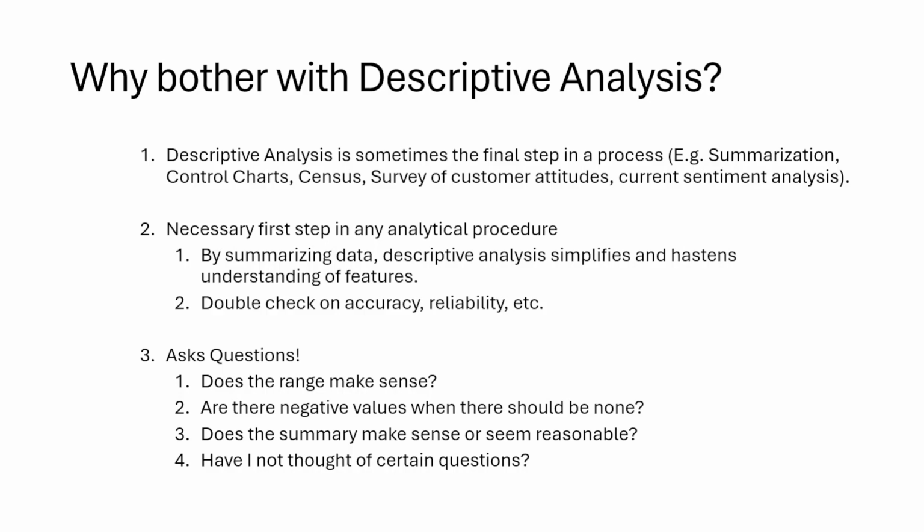Does the range of data make sense? Are there negative values where there shouldn't be any? For example, in the previous slides, when I was showing systolic blood pressure, if we saw a systolic blood pressure of negative 120, clearly something is strange there. So even doing descriptive analysis can serve an audit function.